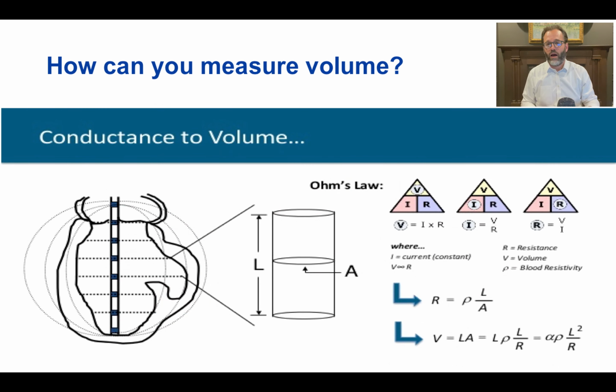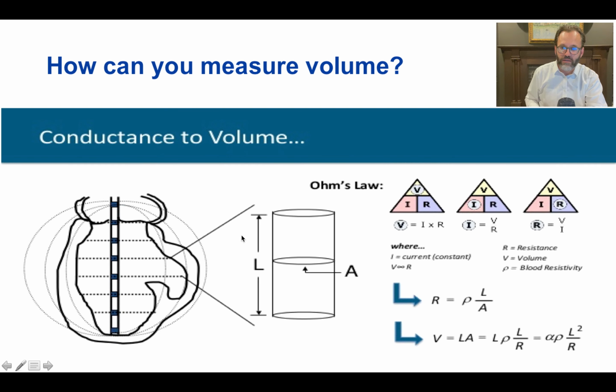There are methods where you can use conductance catheters, which have been used extensively in experimental animals, where CT scanning often can be very challenging. And so their conductance, with the appropriate calibration, does translate to a change in volume.